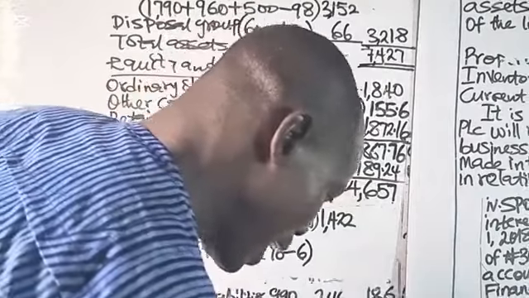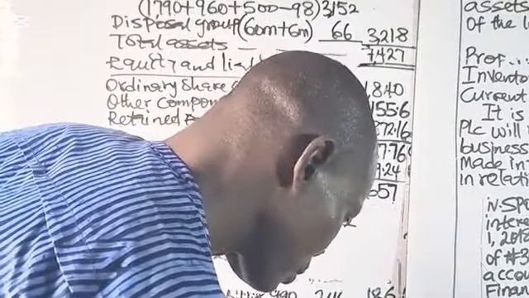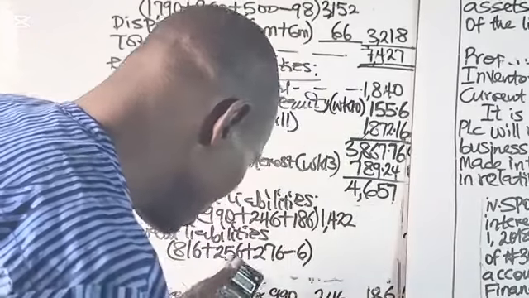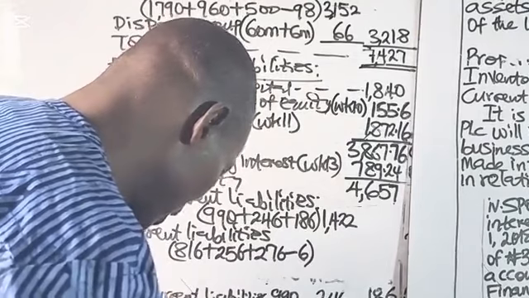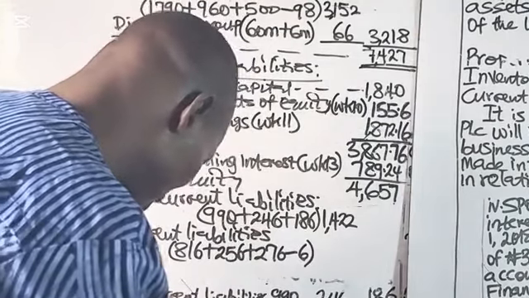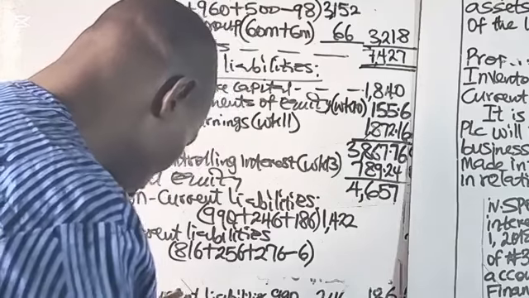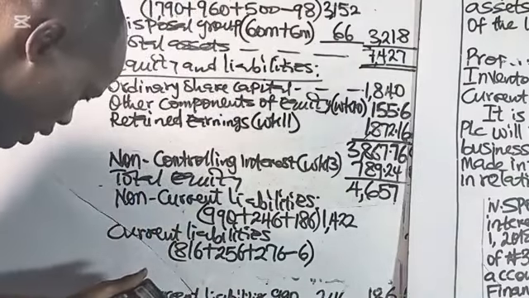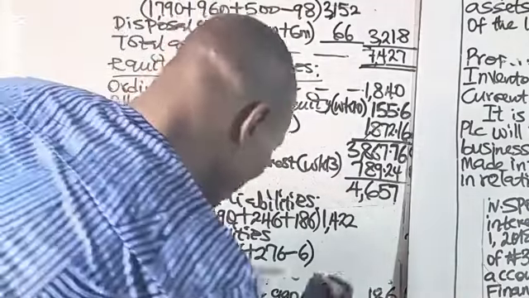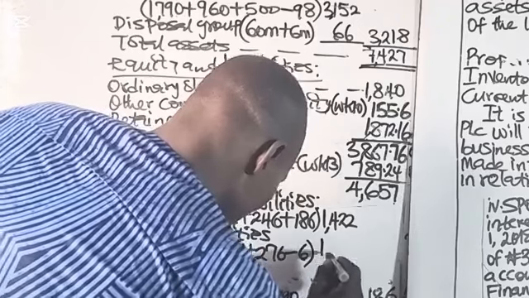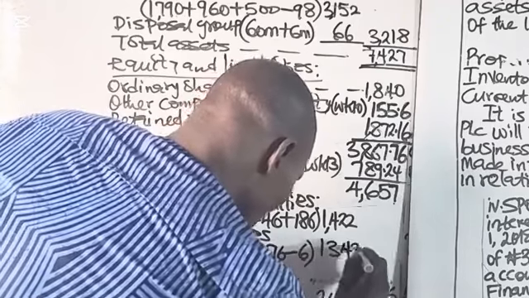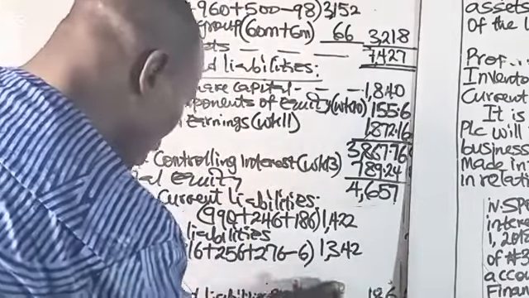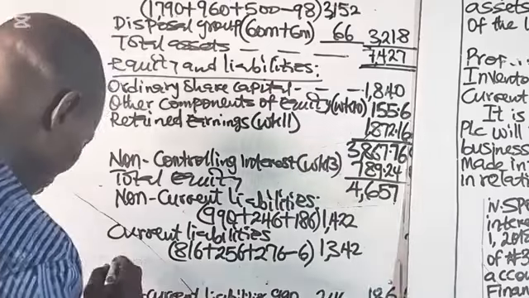So 816 plus 256 plus 276 minus 6 gives 1342.